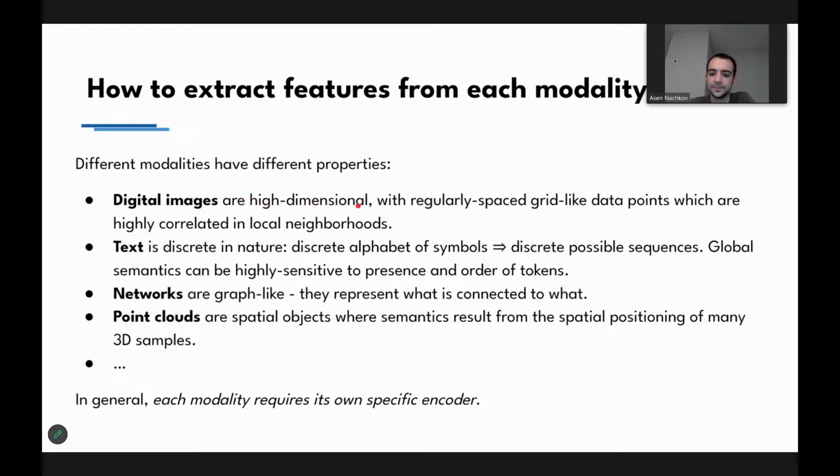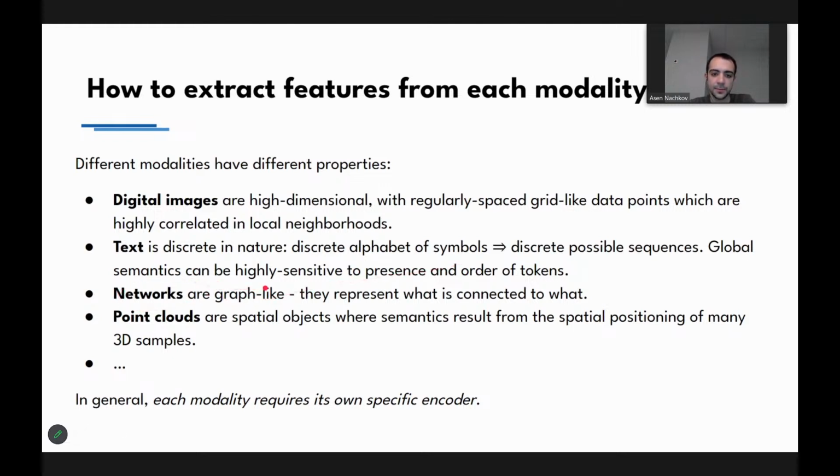They have data points which are regularly spaced along a 2D grid. Text, as we saw, is discrete in nature. Typically, we have a discrete alphabet of symbols which can generate a discrete number of sequences. So text can be, for example, very sensitive to the presence of some tokens or not.